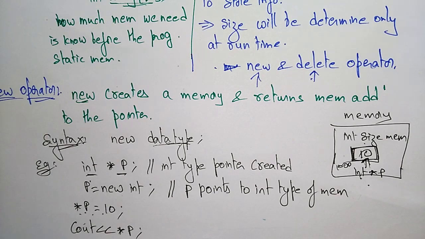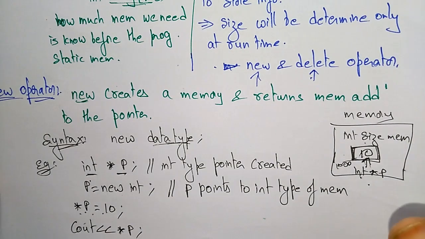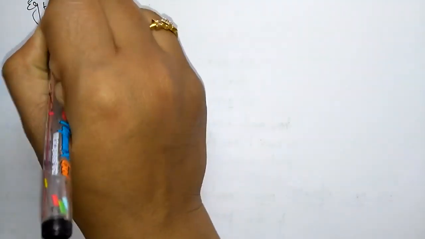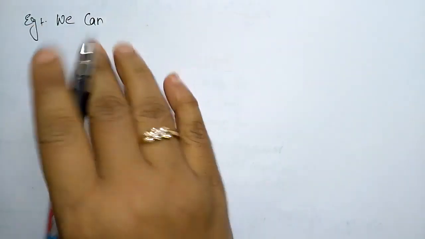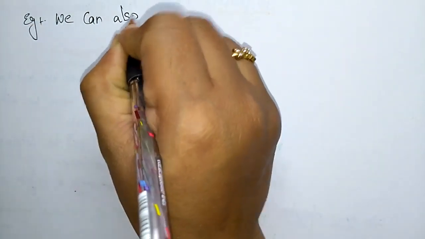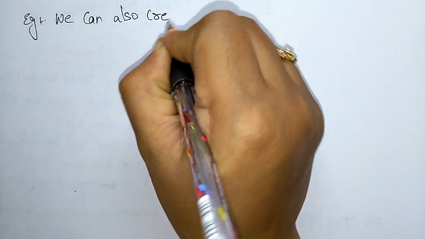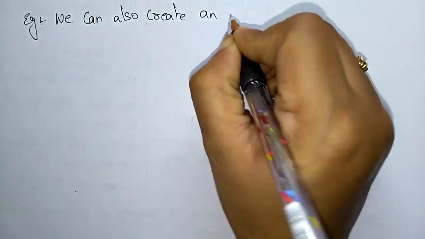Now let us see how to create an array. Let us take the example. We can also create an array.